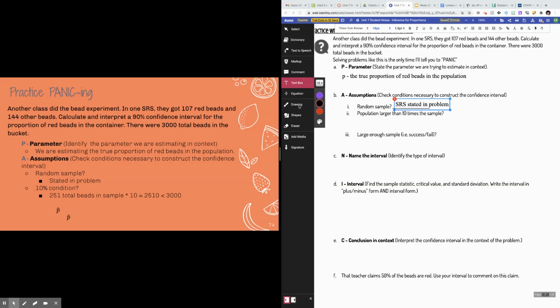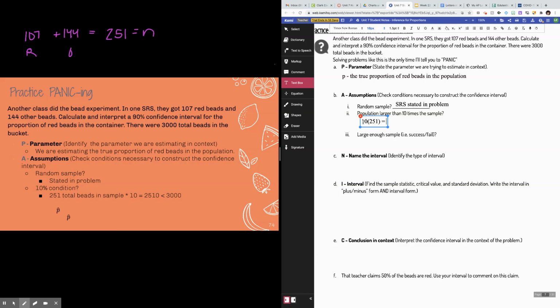Okay, so if I look up at my sample, I have 107 red beads and 144 other beads. So my total is 251. So that's my sample size. Okay, so what I'm going to do here is I'm going to do 10 times my sample size, which is 251.